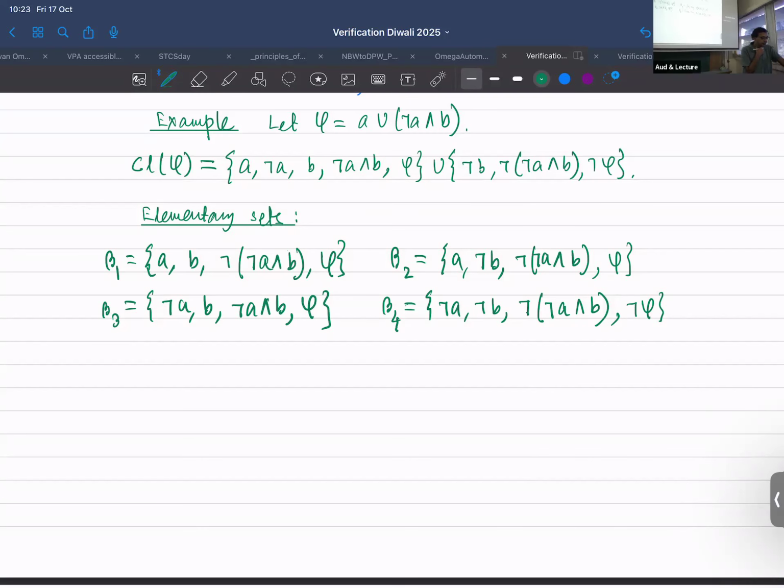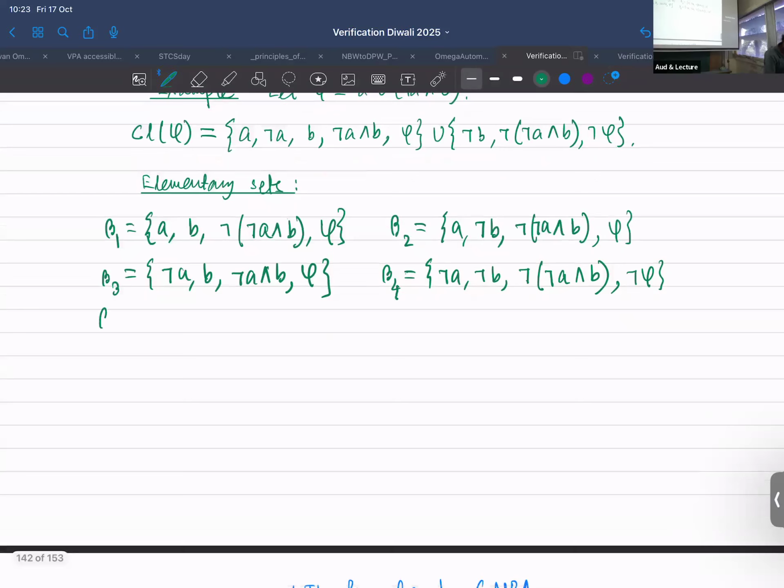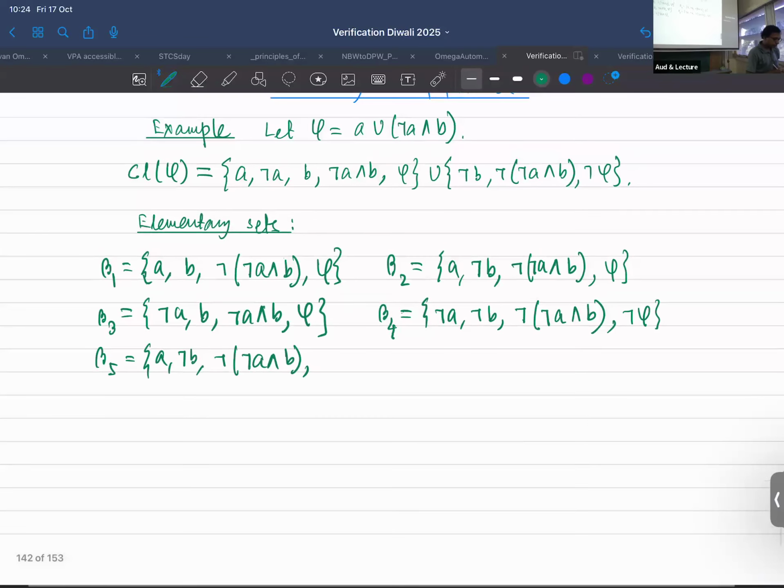Right. So yeah. Okay. So we can. And what about this negation of? That is same like B2, right?